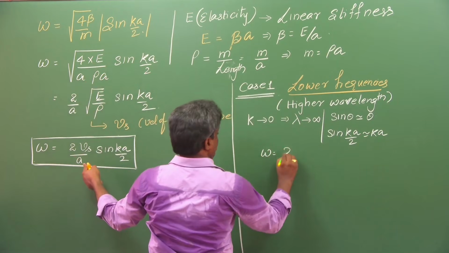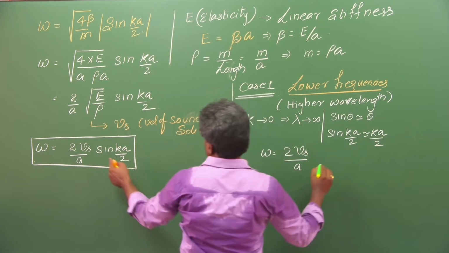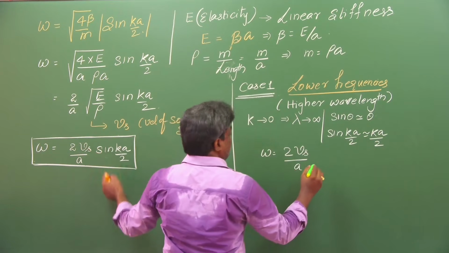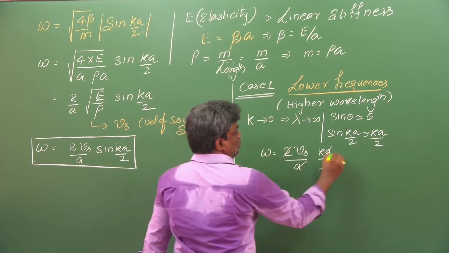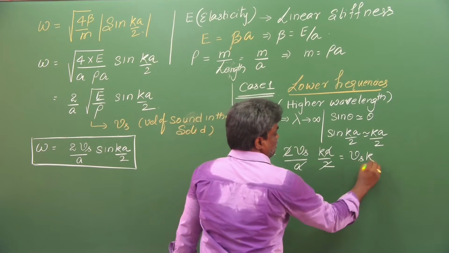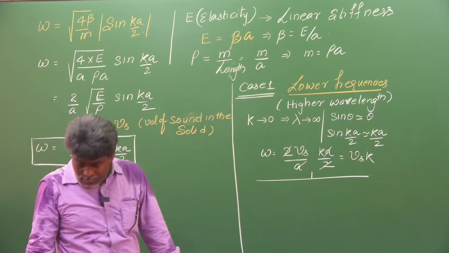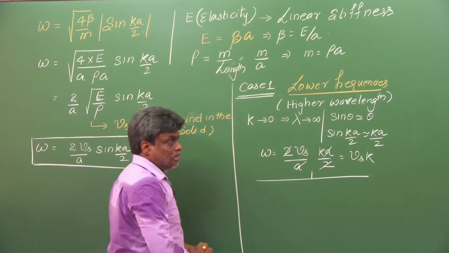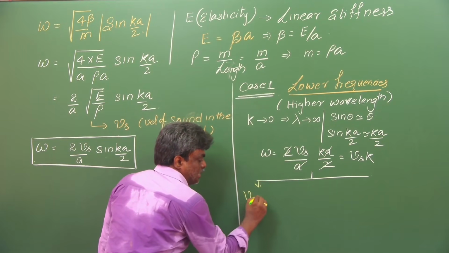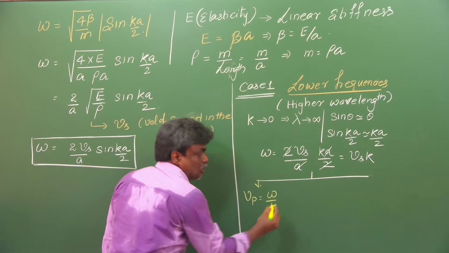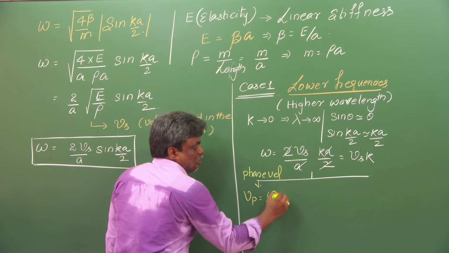Omega equal to 2 Vs by a into ka by 2, which gives omega equal to Vs k. Now, once you have omega, from quantum mechanics we can find the phase velocity, omega by k.